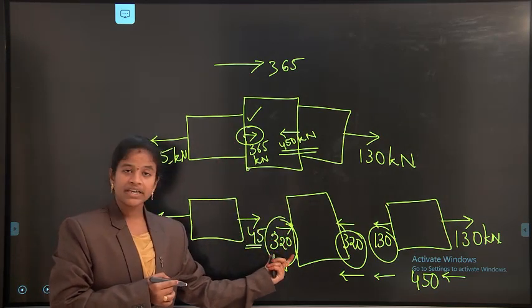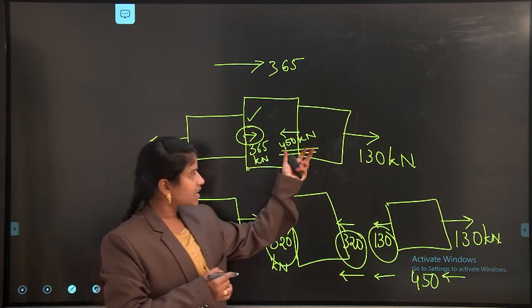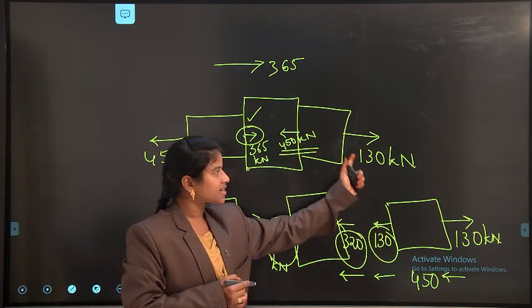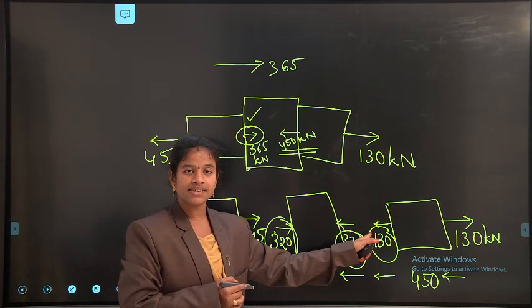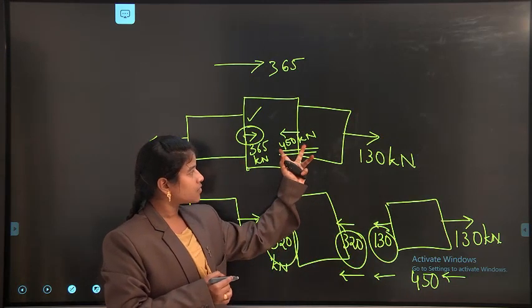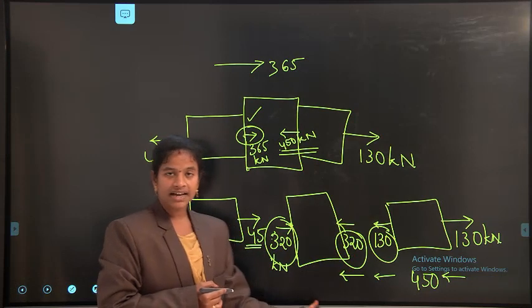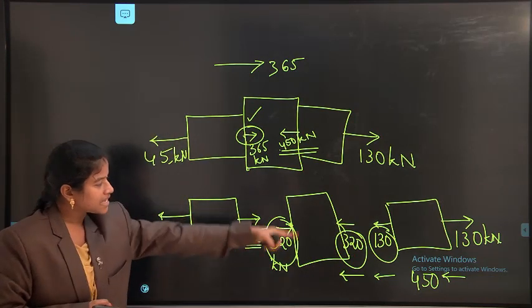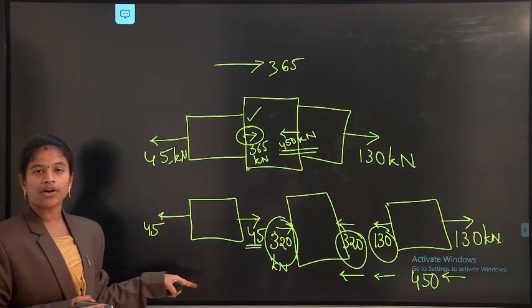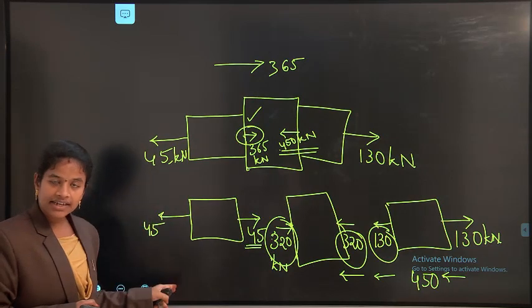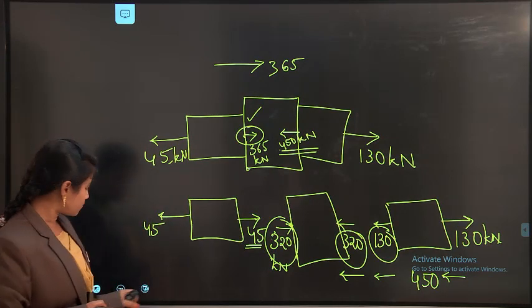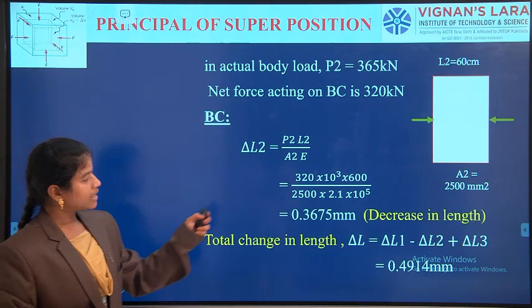That value will stay here. For the checking, we use the next direction. Here we have 130 in this direction and this is 450. So this 320 in the same direction is occurring here. So this is the generation of free bodies. Right? Go into the condition.